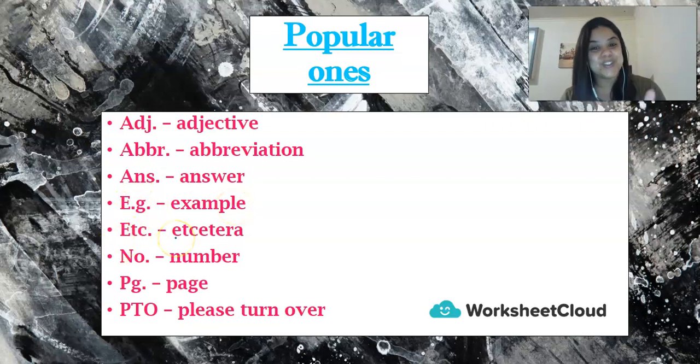ETC, also very popular, means etcetera. NO with a dot is number. Okay, sometimes you'll see your teachers or someone using that. PG is page, and then here PTO, please turn over. You might also see sometimes. So these are just the popular ones that we've all come to know, we see quite often.